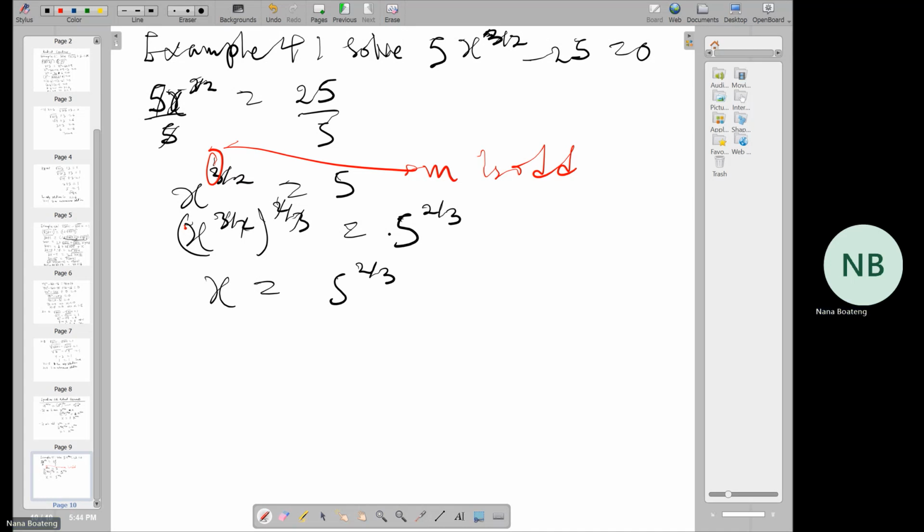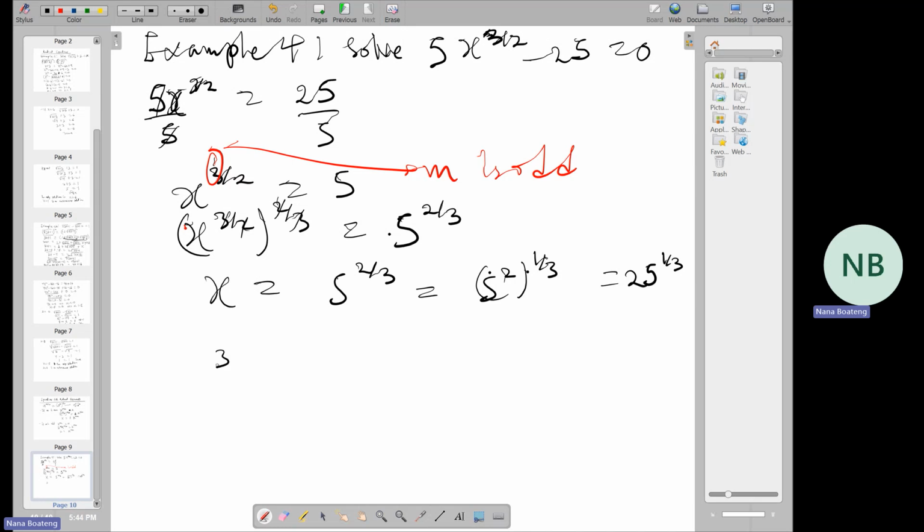And 5 power 2 divided by 3 we can write as 5 squared power 1/3. 5 squared is also the same thing as 25. So this is 25 power 1/3. Whenever we see the power 1 divided by any number, it is the same as the nth root of that number.